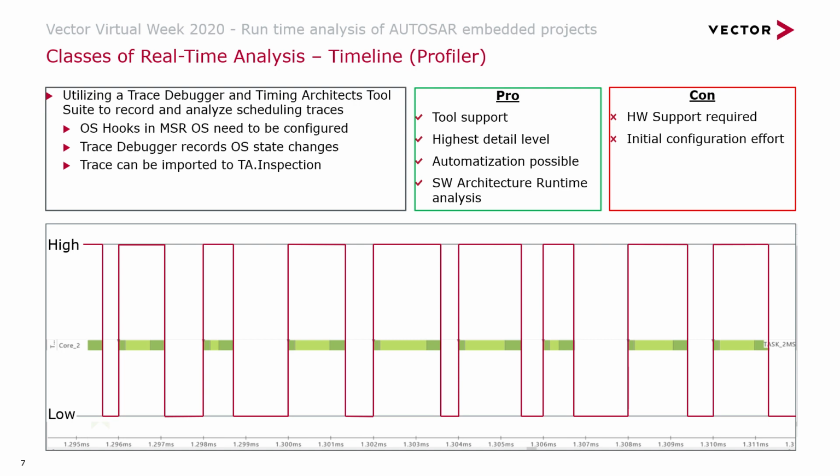And through the tool support I can also automate it completely so that the initial configuration time that I spend doesn't have to be done again and again, but I can reuse it. And in regular intervals I can record a timeline like this and can always re-evaluate it and see whether the last changes that I've made have actually improved the overall runtime behavior.